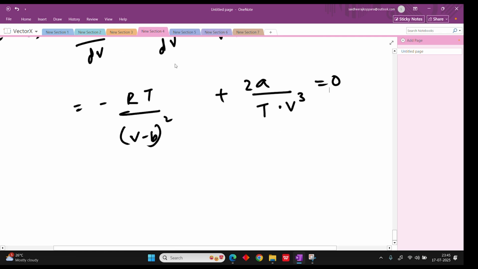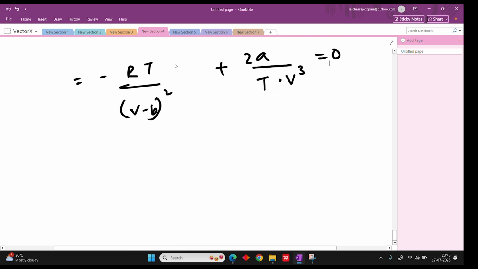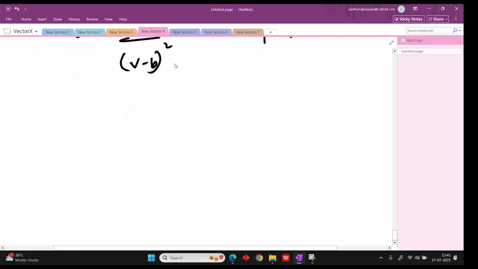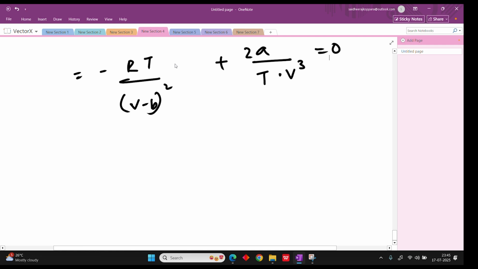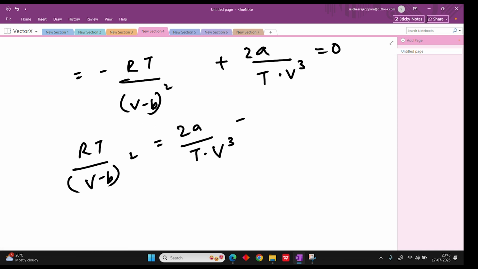This value is equated to 0. Okay. And from this, your RT by (V minus B) whole square is equal to 2A by T times V cube.